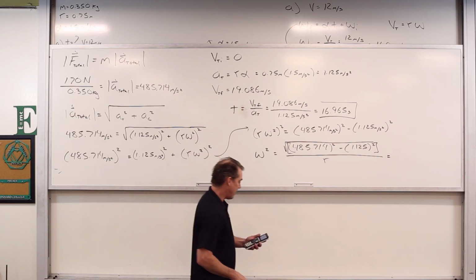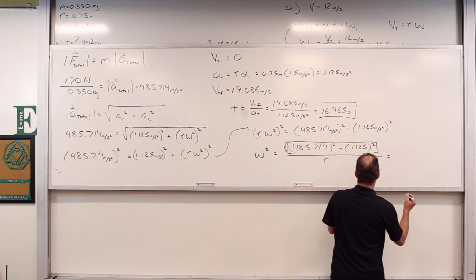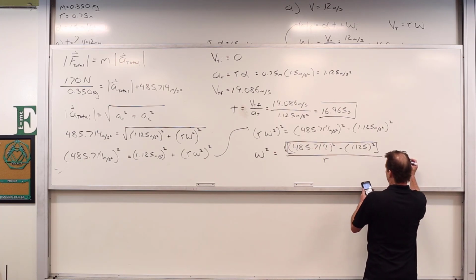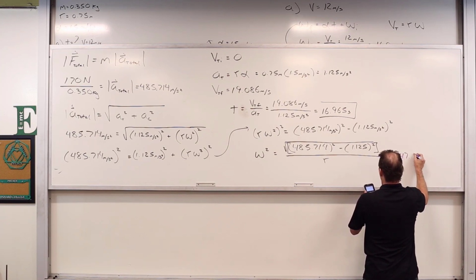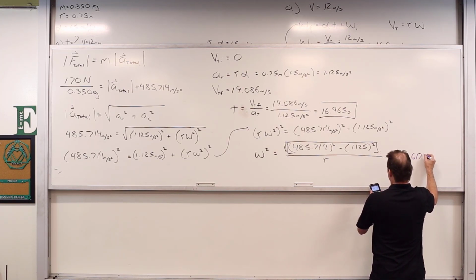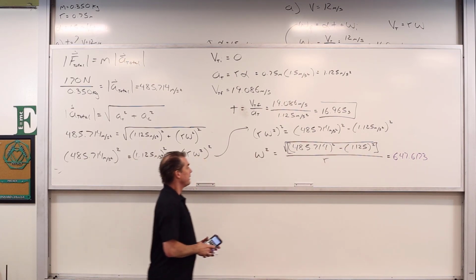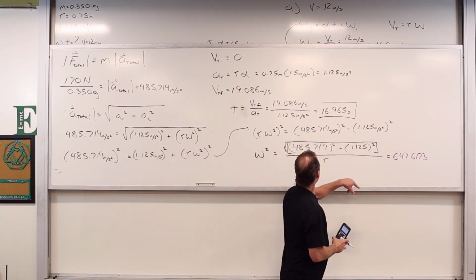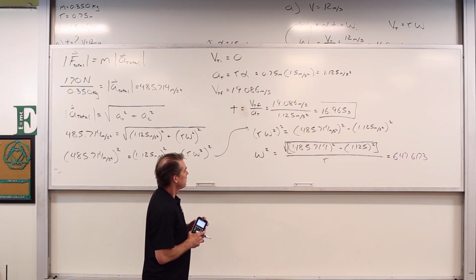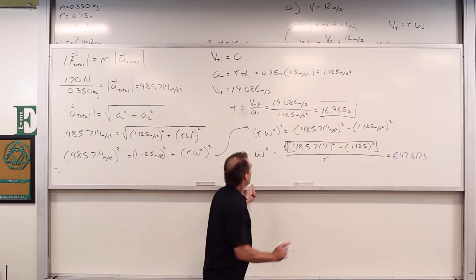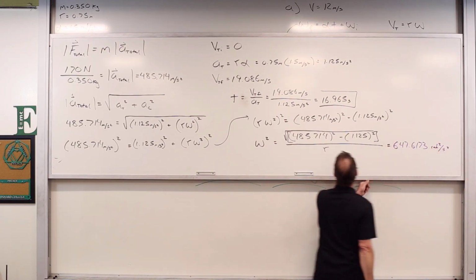So this comes out to be 647.6173. All right, and that should be radian squared per second squared.